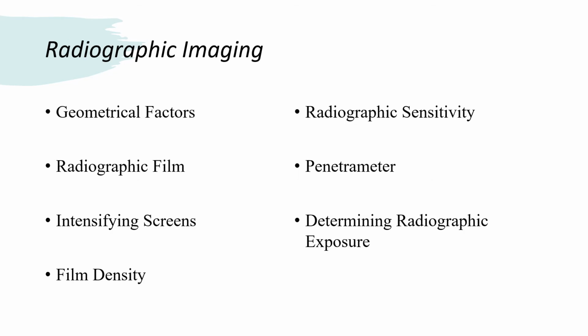Next is radiographic image. The appearance of a distinguishable image on a radiograph is dependent on several factors, the most important of which is the difference in radiation intensity at various locations in the image plane.